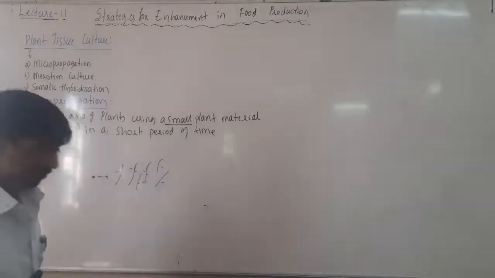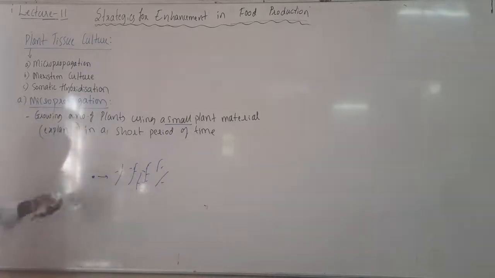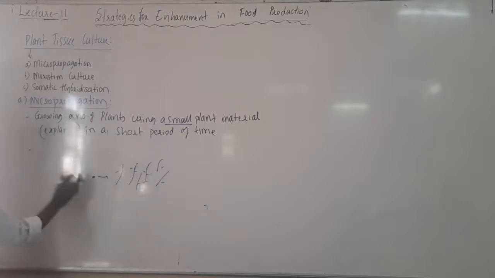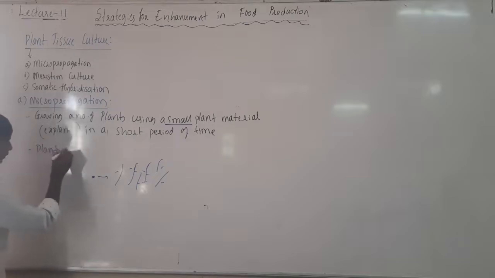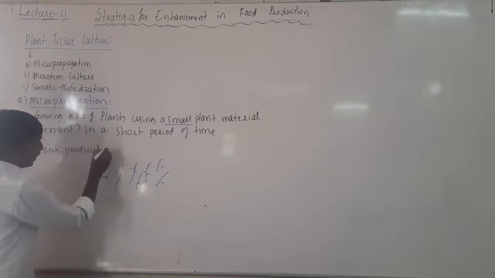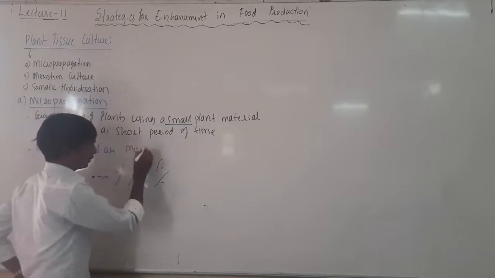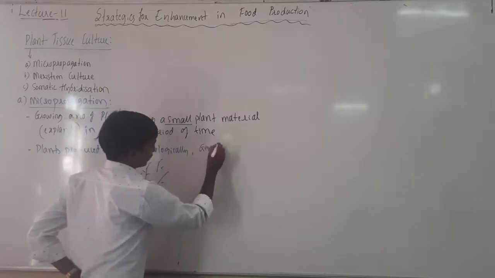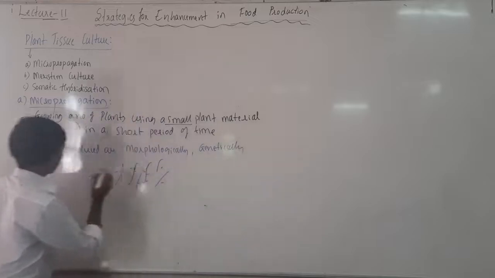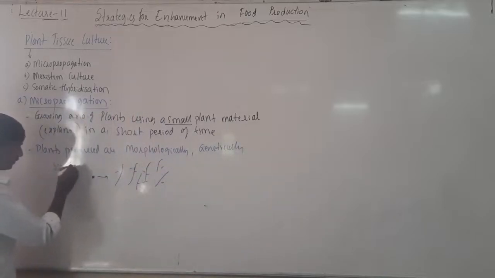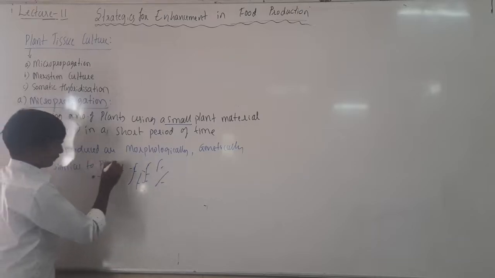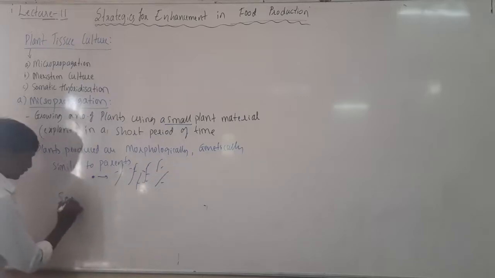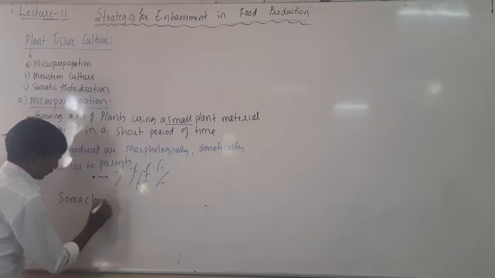Here the plants produced are morphologically and genetically similar to the parent, and hence they are called somaclones.